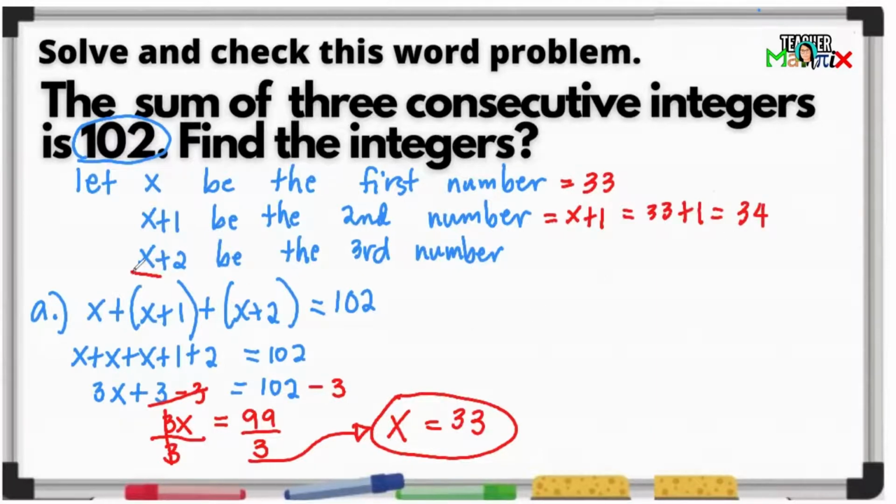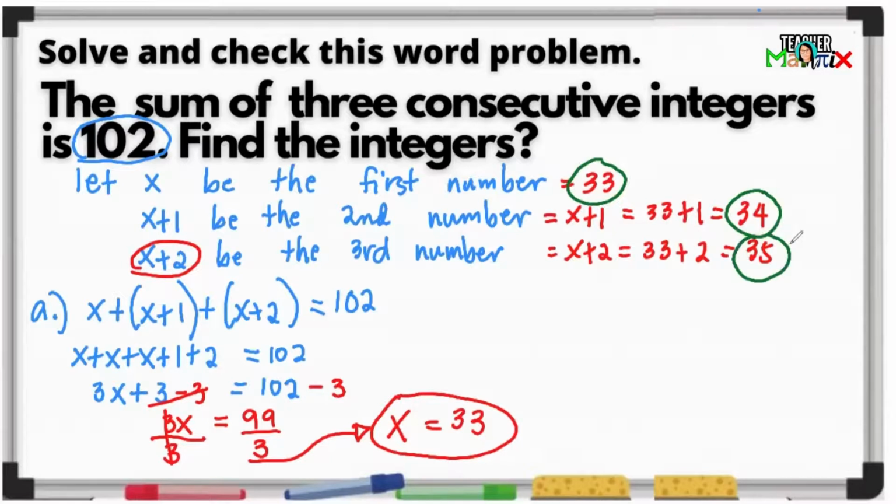And then for the third number, which is x plus 2, replace 33 again, plus 2 equals 35. We have now the 3 consecutive positive integers: 33, 34, 35. Now, in order to know if these integers are correct, let's do checking.